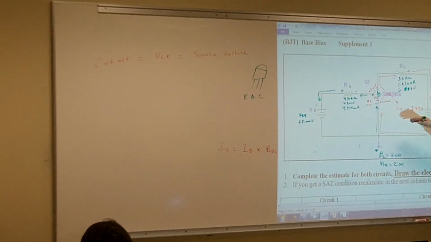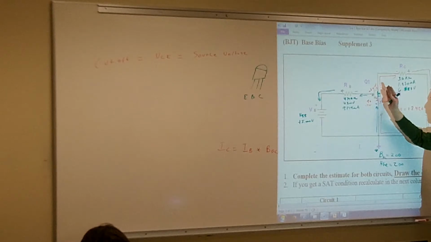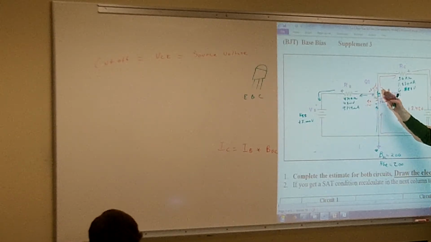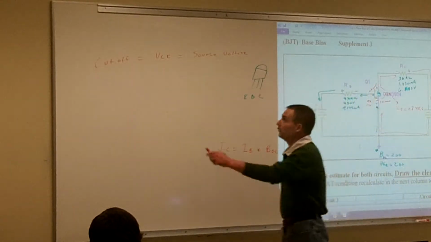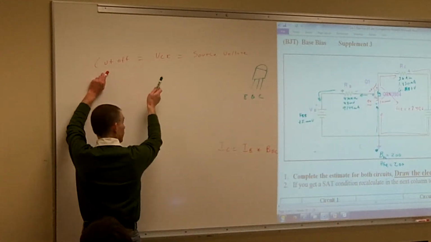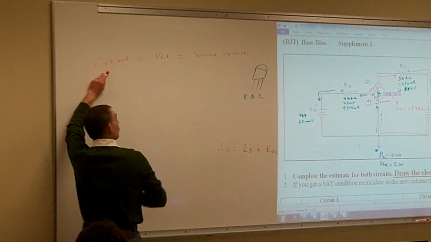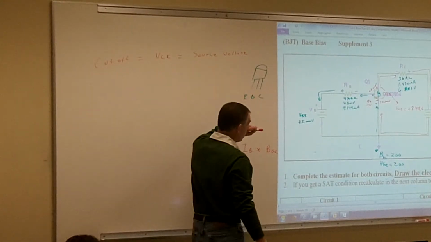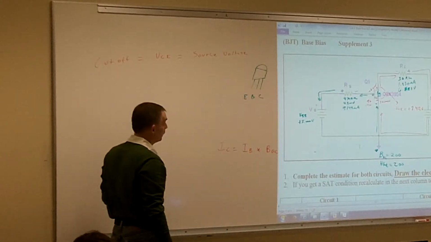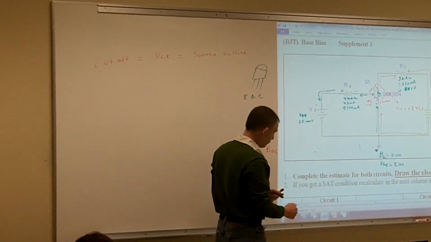Just like a switch, it just turned off. And what do I measure for voltage across an open? My source voltage. So if I'm in cutoff, meaning that transistor didn't get turned on, we're going to be measuring our voltage across our collector to emitter of our source voltage.